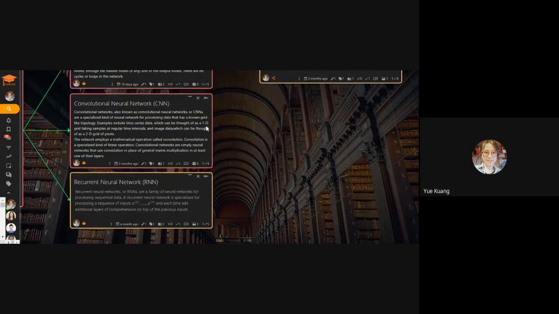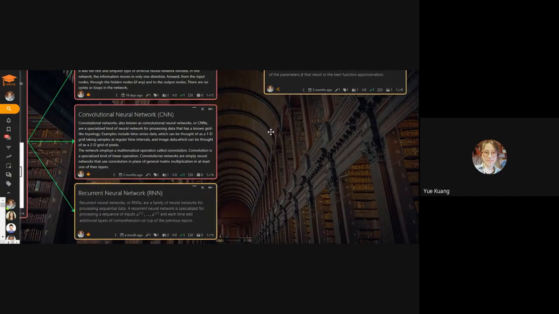So the first is the convolutional neural network, CNN. It is a specialized kind of neural network for processing data that has a grid-like topology. Examples include time series data, which can be thought of as a one-dimension grid, taking samples at regular time intervals, and image data, which can be thought of as a two-dimension grid of pixels.